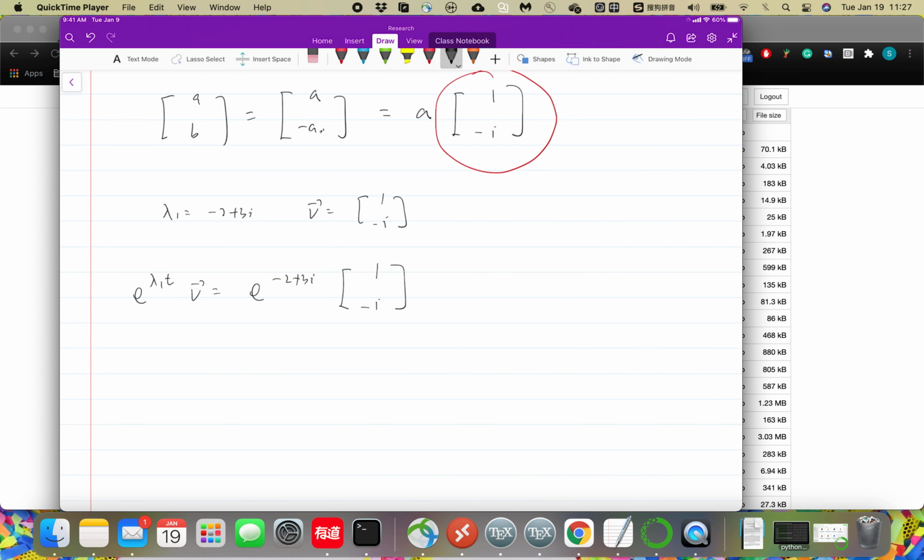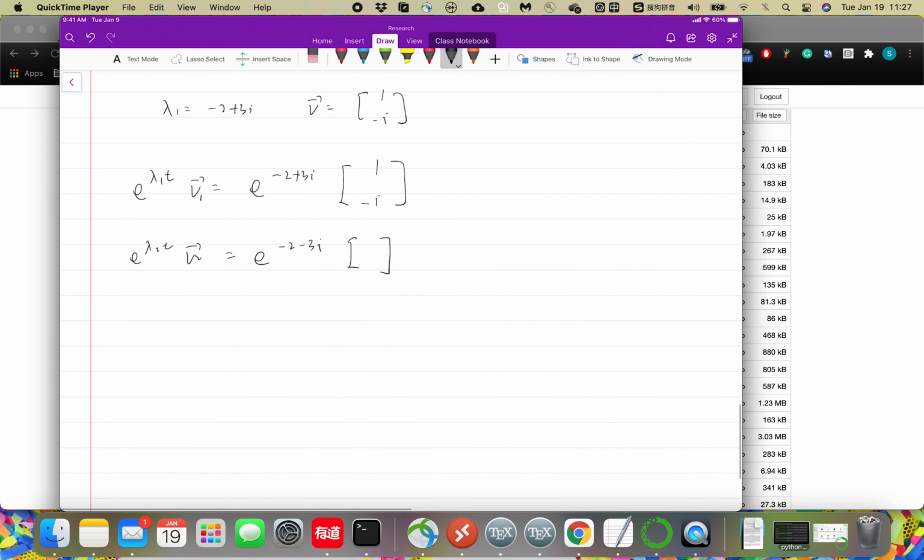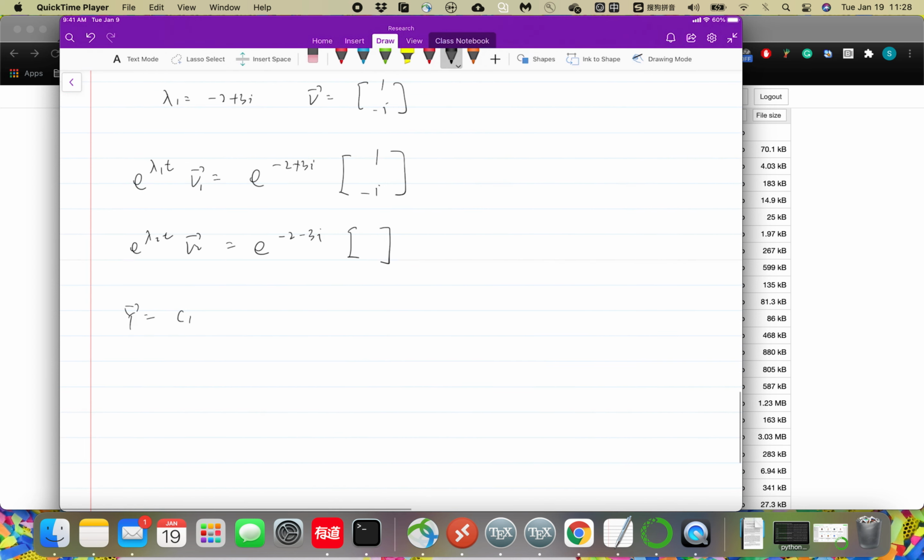This is going to be our solution, which we got from here. Not to mention we still have another pair, which is e to the lambda 2 t, v2, equals e to the (-2 minus 3i)t times something. And finally, our solution is going to look like this, if we just want to recklessly follow what we had before.